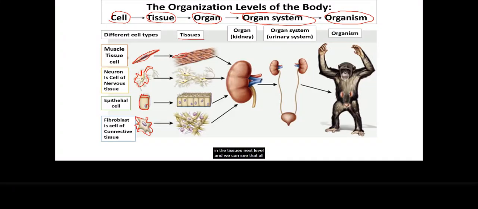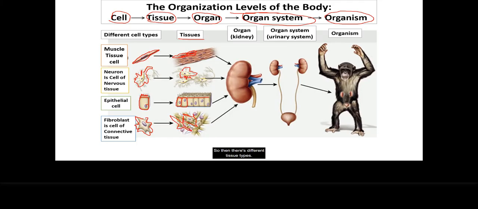In the muscle tissue, we see all cells are similar, the same. In the nervous tissue, again all cells are similar, they are all neurons. In the epithelial tissue, all cells are again similar. Now, this is a fibroblast, a cell of the connective tissue, and here we see several of these fibroblasts in the connective tissue.